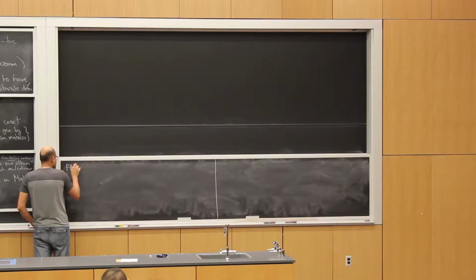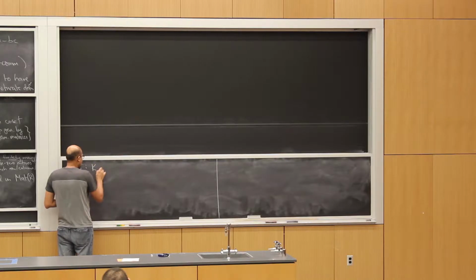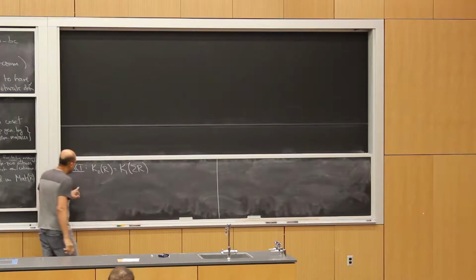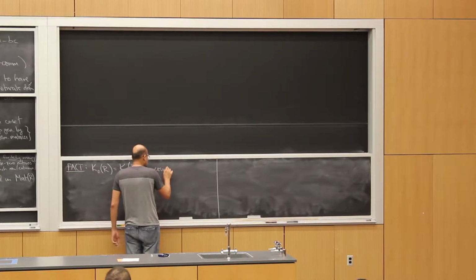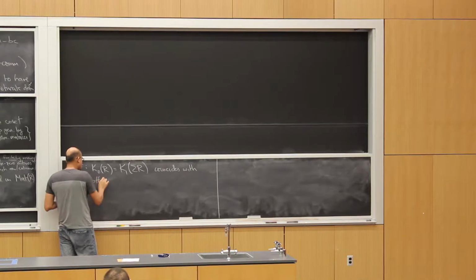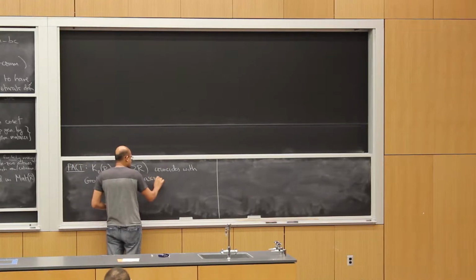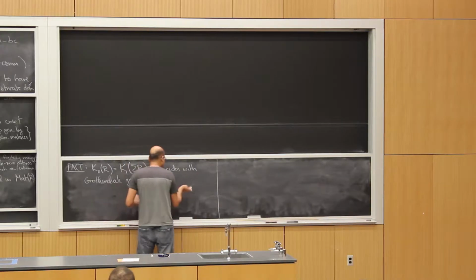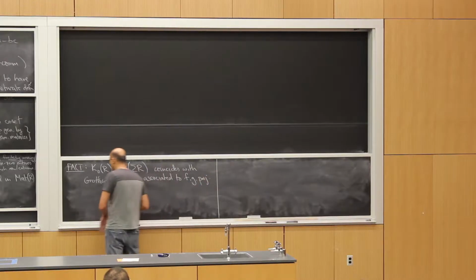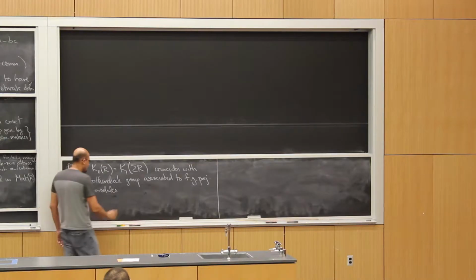So if you look at K0 of R, that's K1 of sigma R. This coincides with the Grothendieck group associated to the semigroup of finitely generated projective R-modules under direct sum.